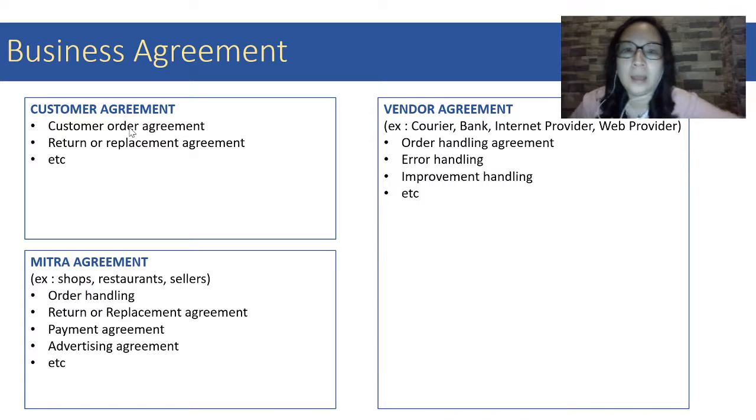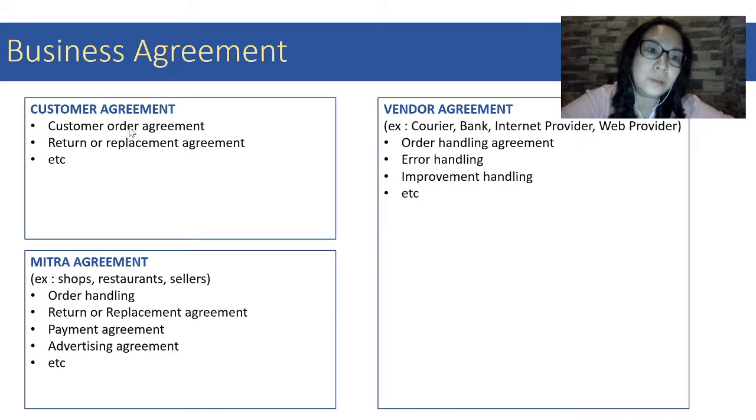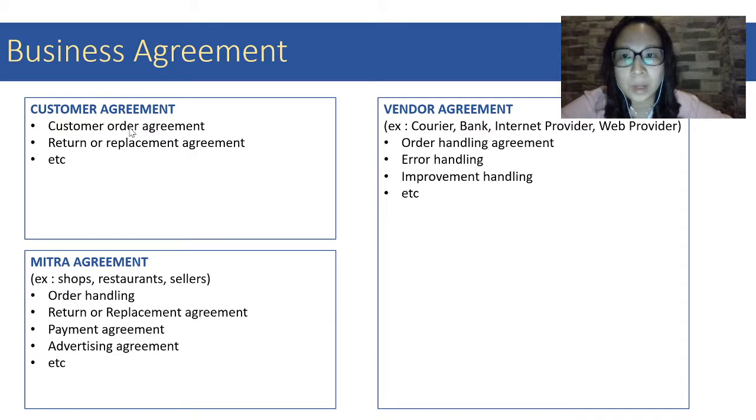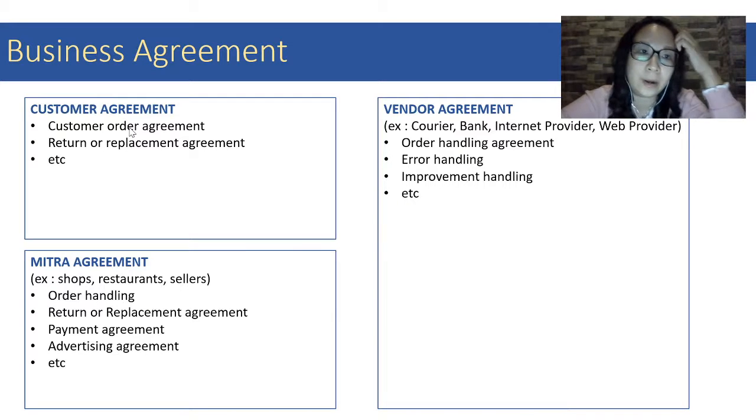Okay, and then you also need to define what happens when there is a defect in the goods or in the service. You can put the agreement there, or maybe define the warranty in the agreement. How can the customer contact you, and how many days will you take to reply to their complaint?